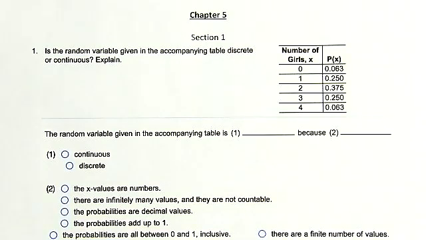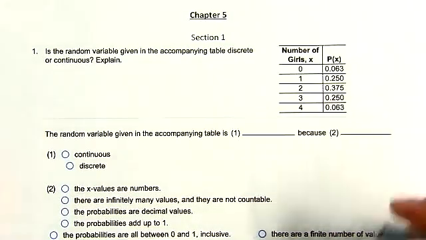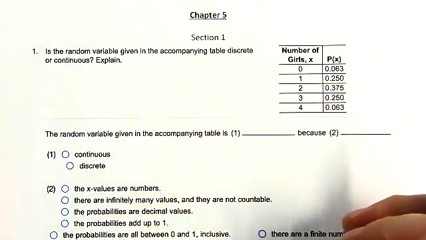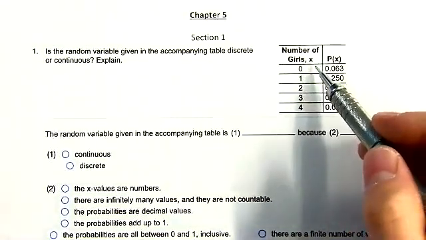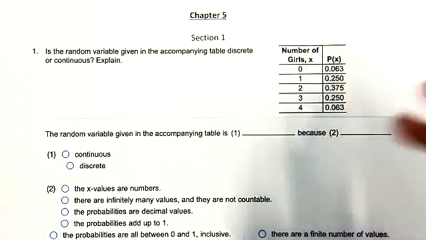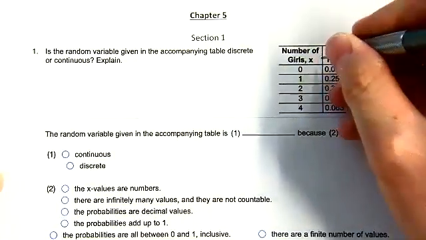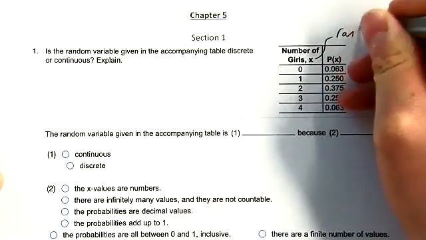Okay, in section 5.1, we are going to look at probability tables. So we will have a table, and we'll look at a random variable x. So this is called a random variable.